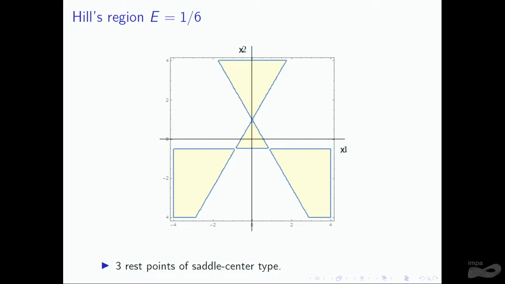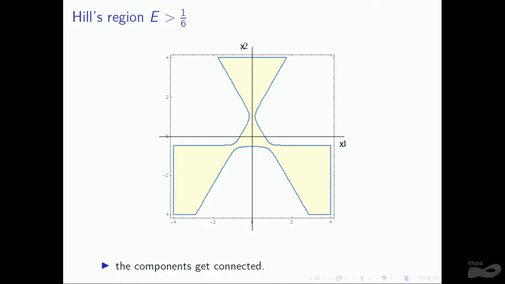So what happens when we go a little bit above 1 over 6 is that there is a connected sum of the energy levels. Okay? And now the dynamics is also interesting because you could have trajectories which enter through this region here and then escape from this other region here, or all sorts of combinations.